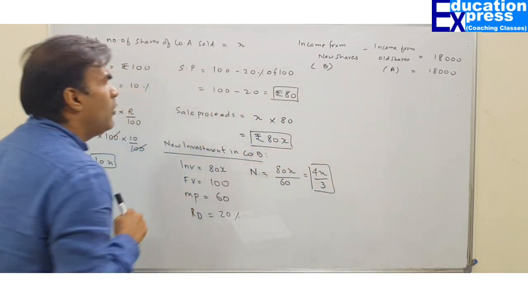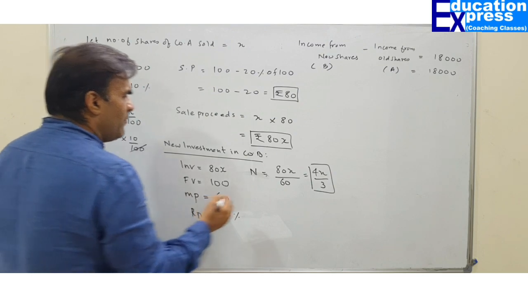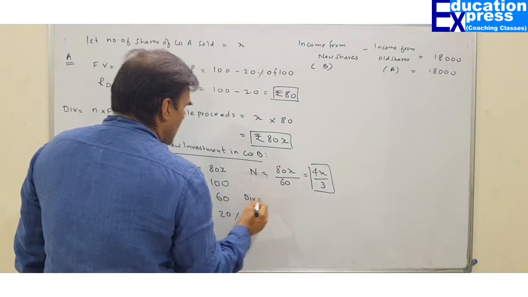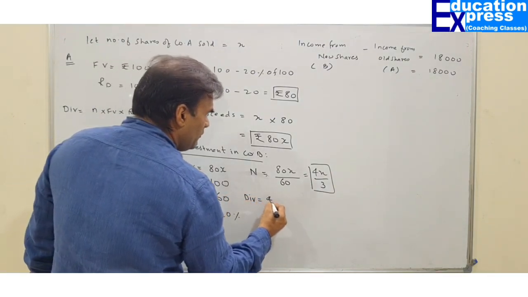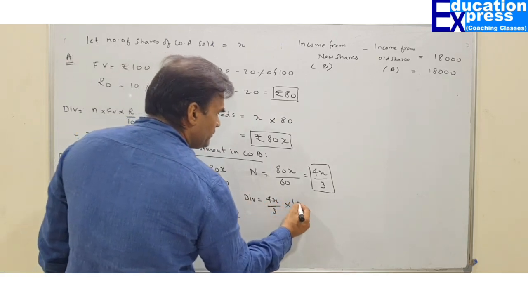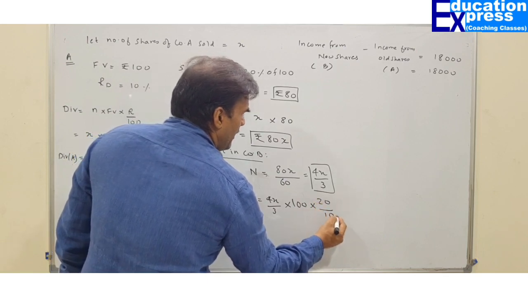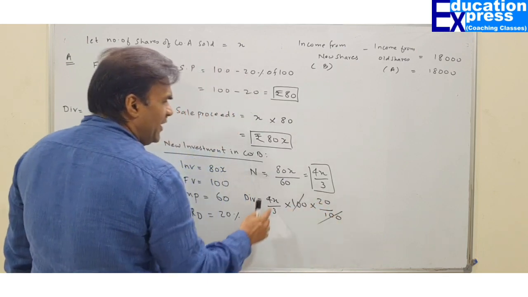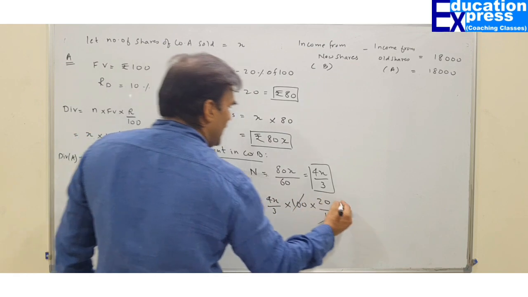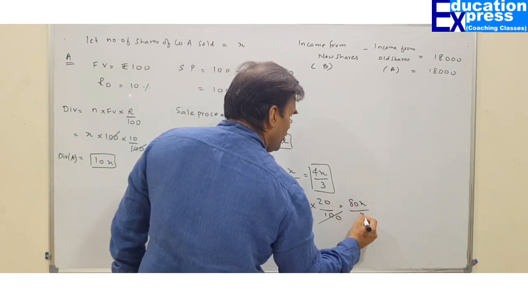So what dividend did we get from company A? We got 10x. What dividend did we get from company B? So dividend would be number of shares, 4x upon 3, face value, rate upon 100. 100 cancels, 4 twenties are 80, 80x upon 3.